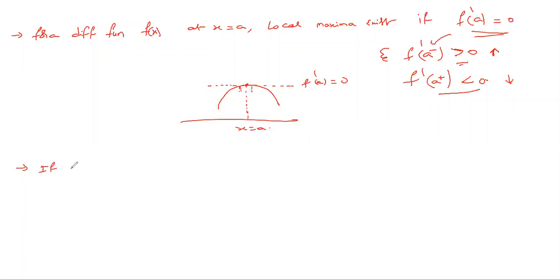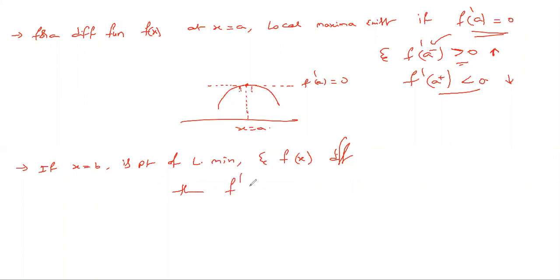Next note point. If x is equal to b is a point of local minima and f of x is a differentiable function, then what can we write?